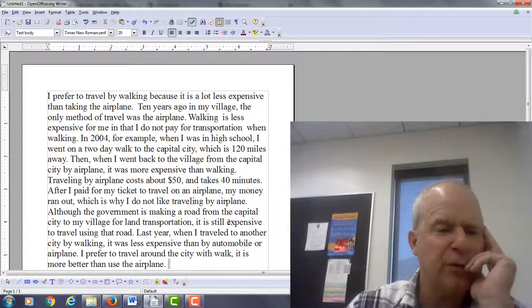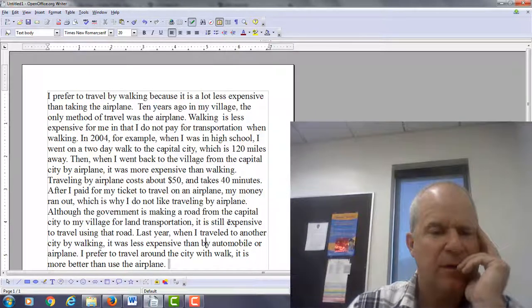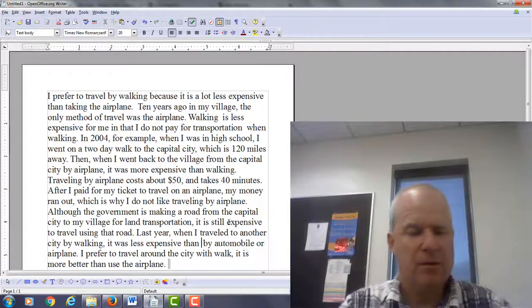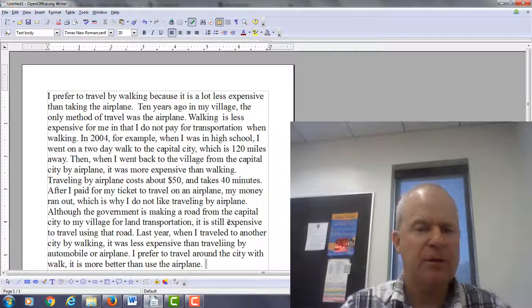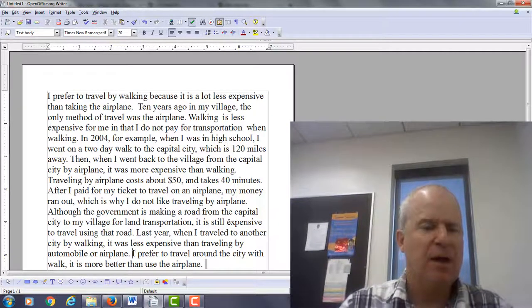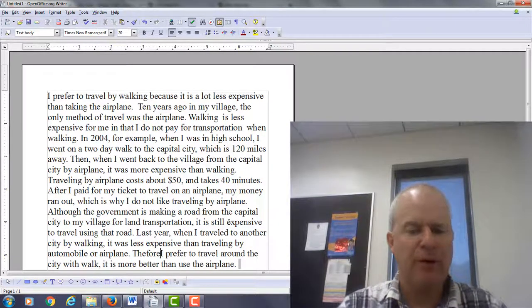Last year when I traveled to another city by walking, it was a lot less expensive than traveling by automobile or airplane. And here you need cause effect, right?